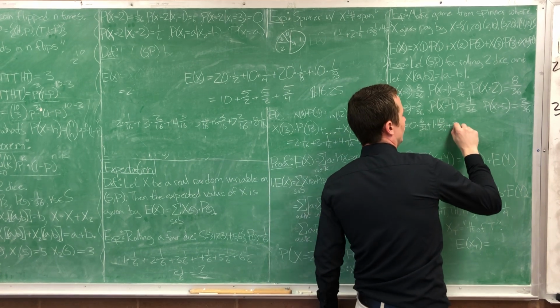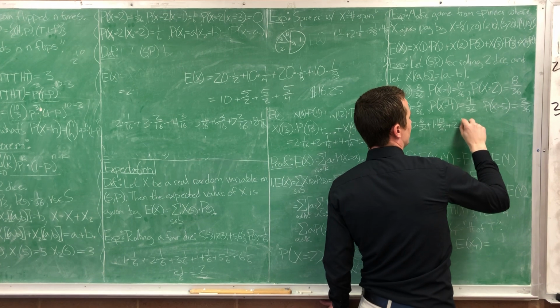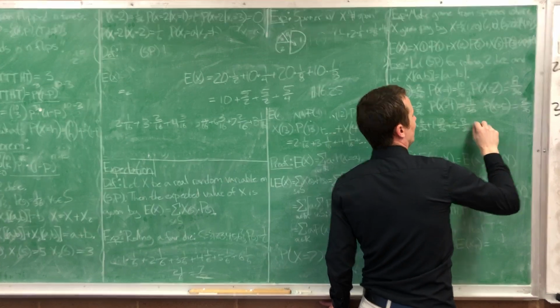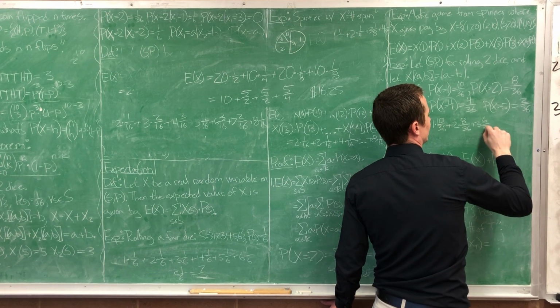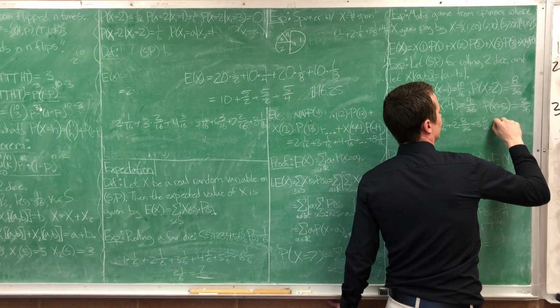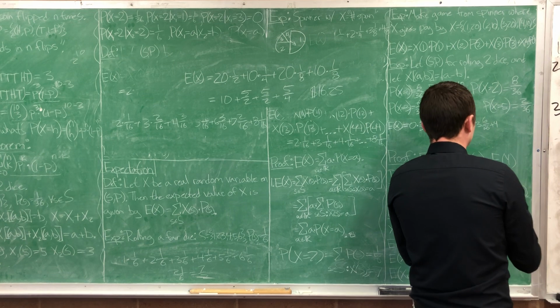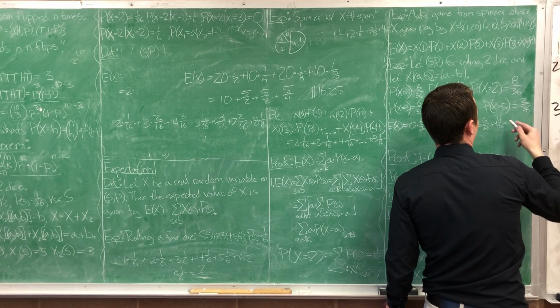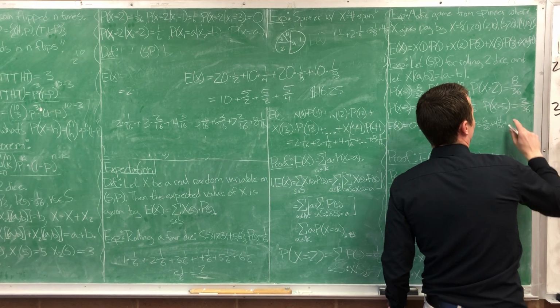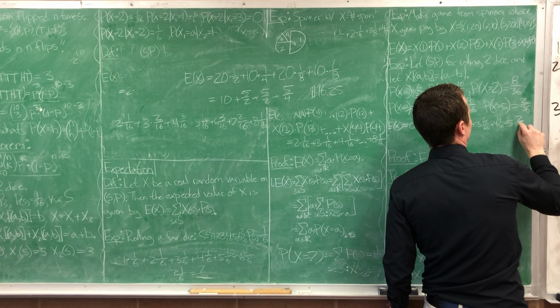Plus 2, 8 over 36. Plus 3, 6 over 36. Plus 4, 4 over 36. Plus 5, and we get that 2 over 36 of the time.